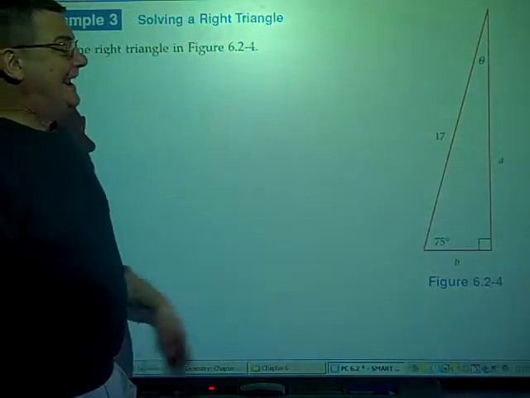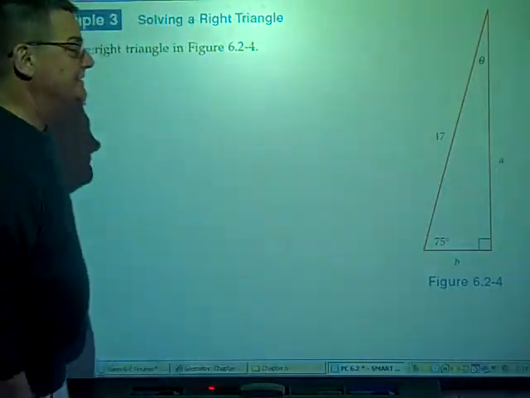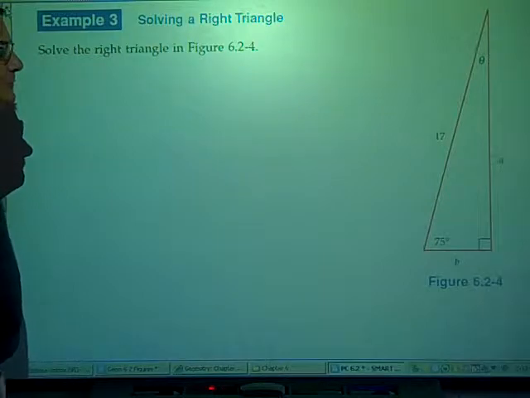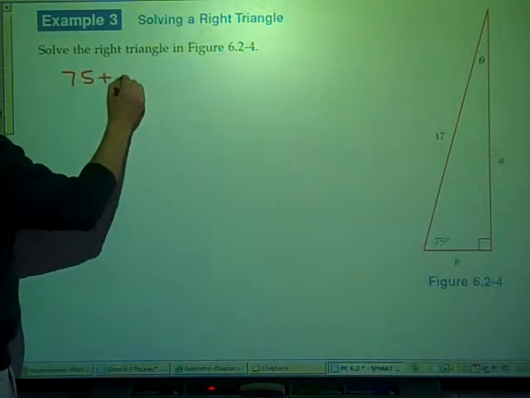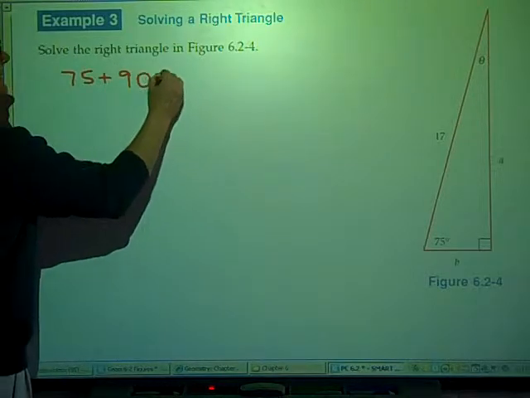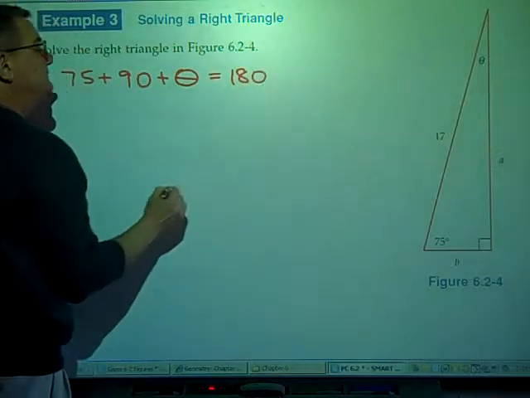Well, if I know two angles of a triangle, we should be able to find the third because all three angles have to add up to 180. So 75 plus 90 plus theta has to equal 180.